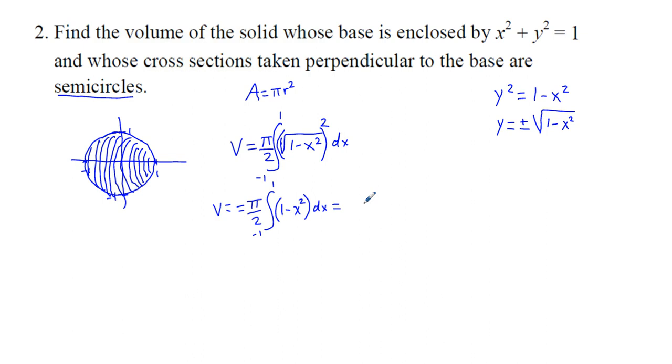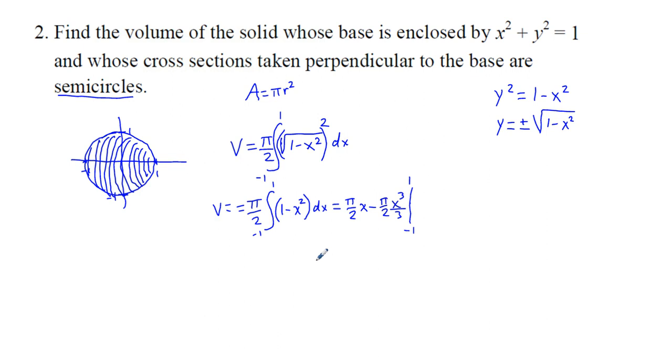And so working to the right, we're going to have pi over 2, and the integral of 1 dx is going to be x, pi over 2 x, and we have minus pi over 2 times x cubed over 3. And we're going to be going between -1 and 1.